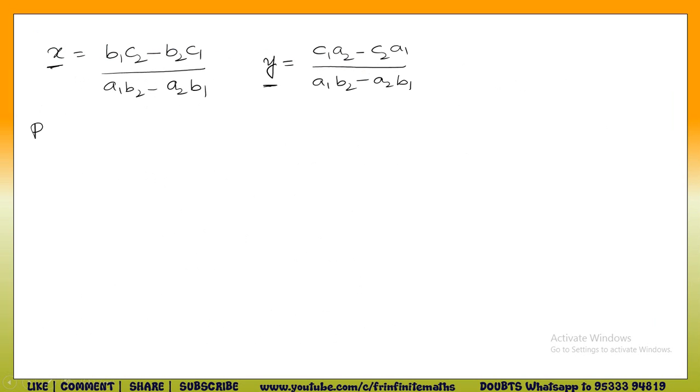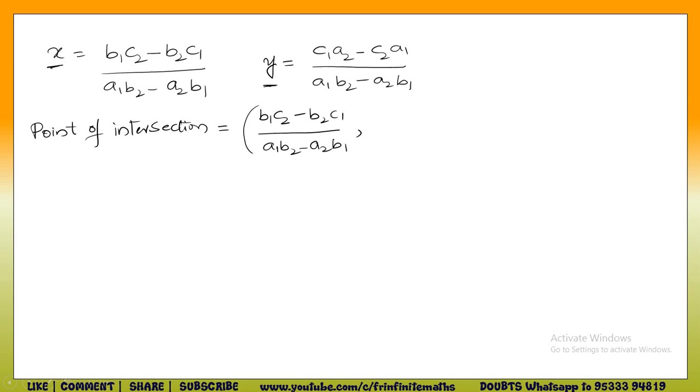So from this, clearly what I can say is, since it is a point of intersection, we need to represent that point of intersection as an ordered pair. Ordered pair means always x comes first, then y. So what is x here? It is nothing but b1 c2 minus b2 c1 divided by a1 into b2 minus a2 into b1.